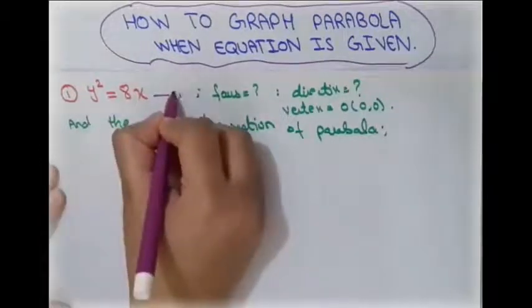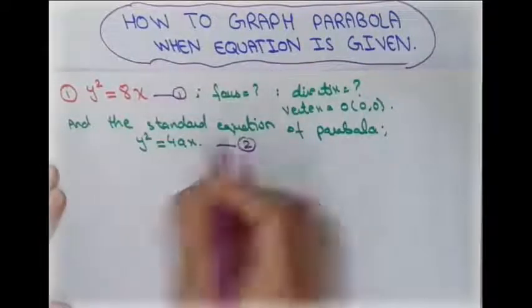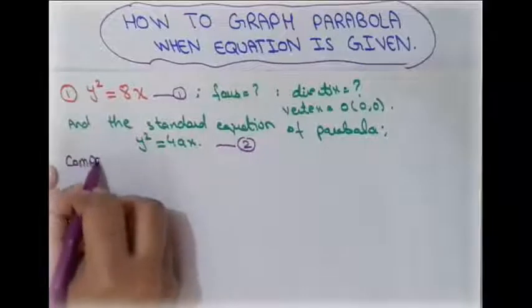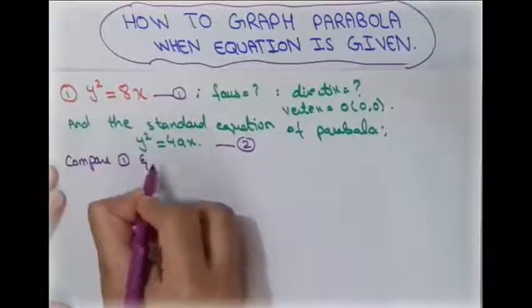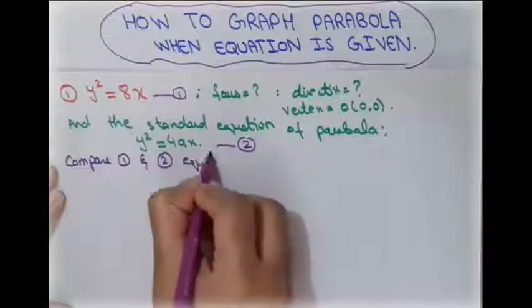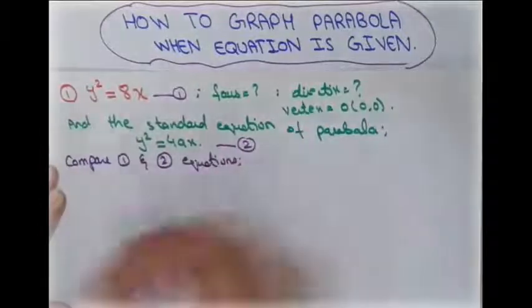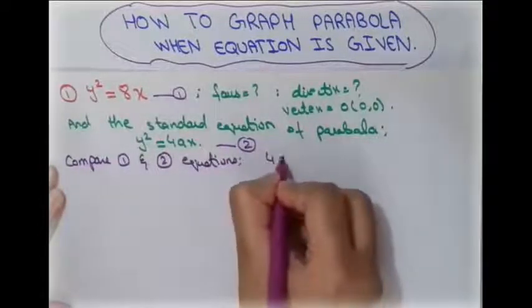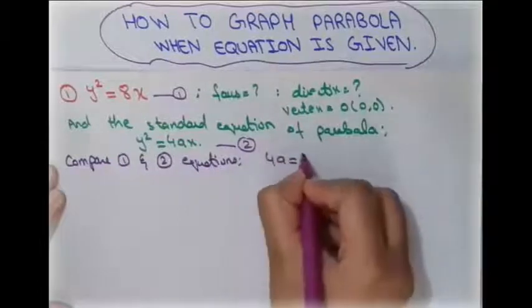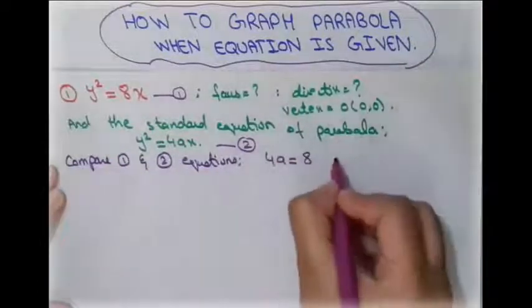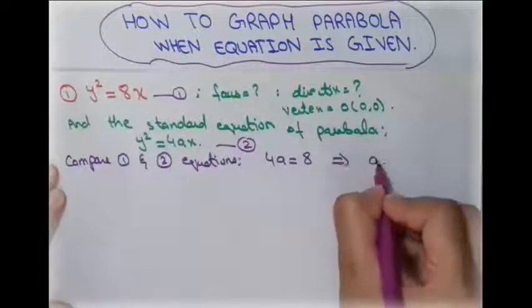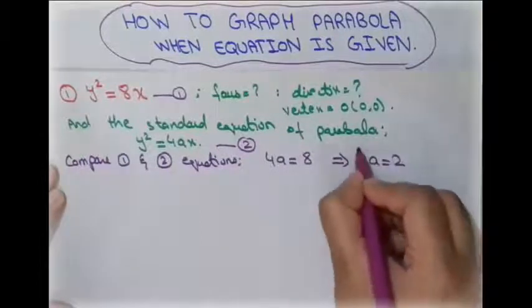If I say this equation is 1 and the given equation is 2, then we compare equations 1 and 2. So we get 4a equals the given coefficient, and now we find the value of a, which is a equals 2.